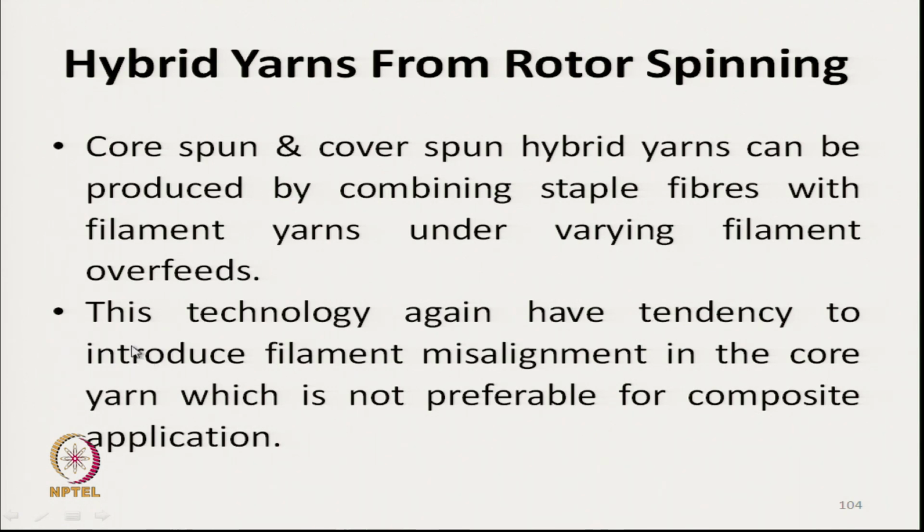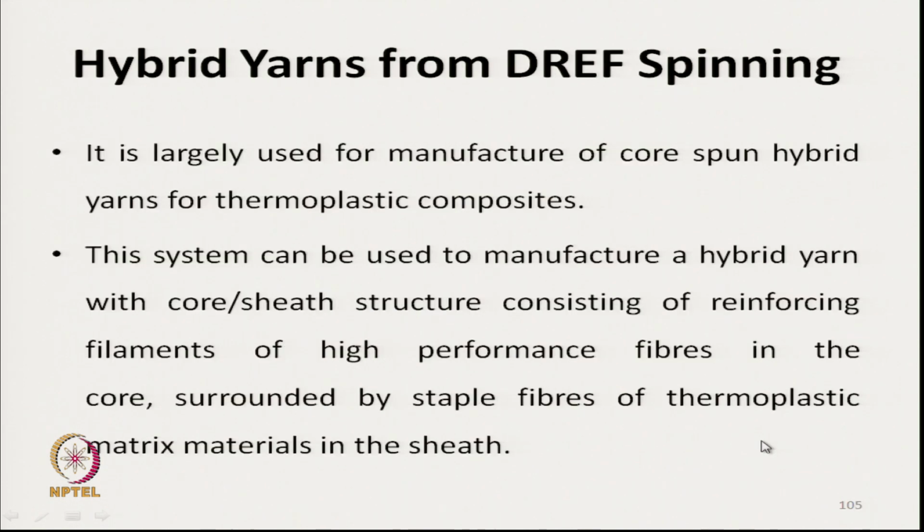So, here again the problem of misalignment of the fibers, that is why it is not preferred for composite application. Drape spinning is the technology which is very widely used for technical textile application, and coarse spun hybrid yarns are used for thermoplastic composites.